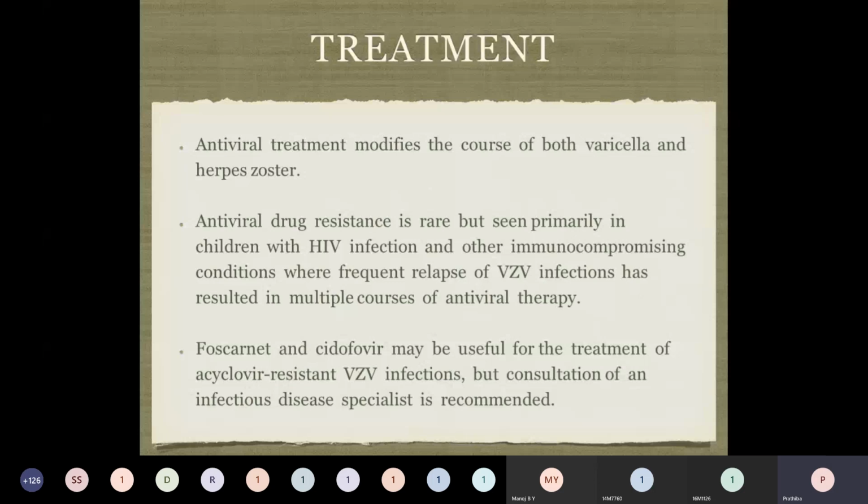What are the drugs? Foscarnet or cidofovir are useful in the treatment of acyclovir-resistant varicella infections, but consultation with an infectious disease specialist is also recommended.